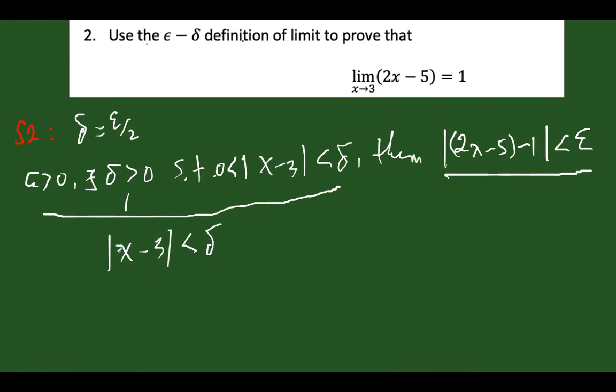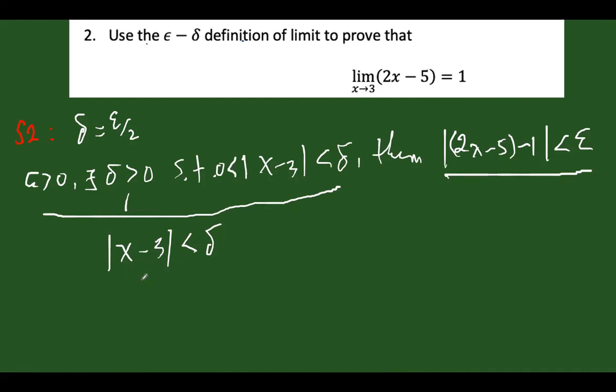And we know that this is greater than or equal to 0 because it's an absolute value. Now, we're going to find a way such that this absolute value inequality could be expressed in the form of the absolute value of 2x minus 5 minus 1 is less than something, for us to show that there exists an epsilon here.